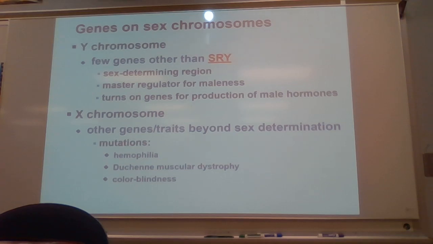If you have the gene, you're going to be male. If you don't have the gene, the way that you develop is female. So female is kind of the default pathway, and if you have SRY, then it changes it to male instead.